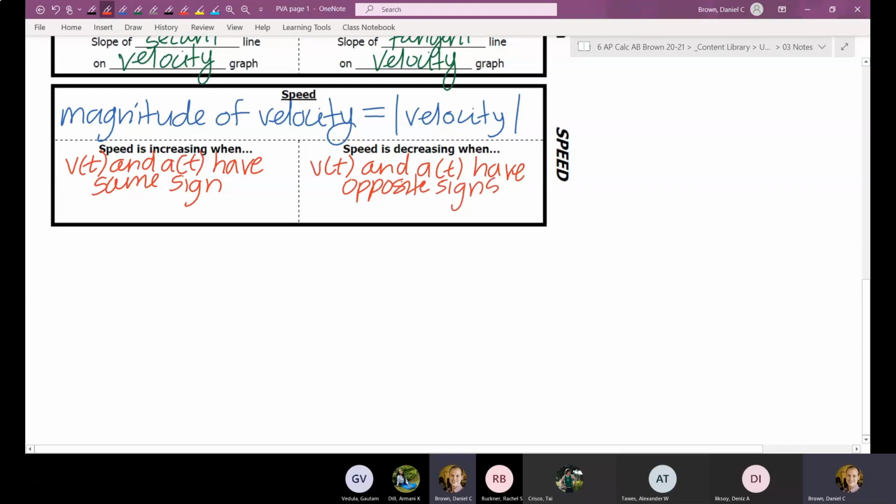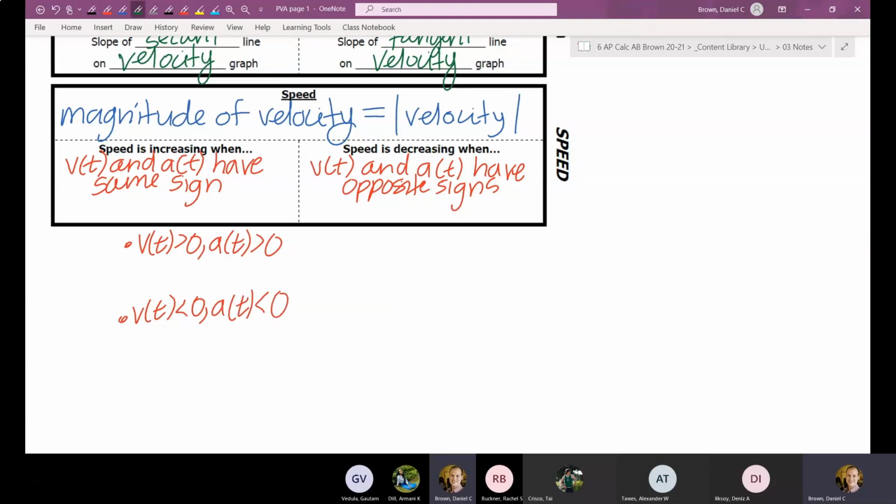And there are different ways that can show up. Speed is going to be increasing if, say, the velocity is positive and the acceleration is positive. Speed would also be increasing if velocity is negative and the acceleration is also negative.